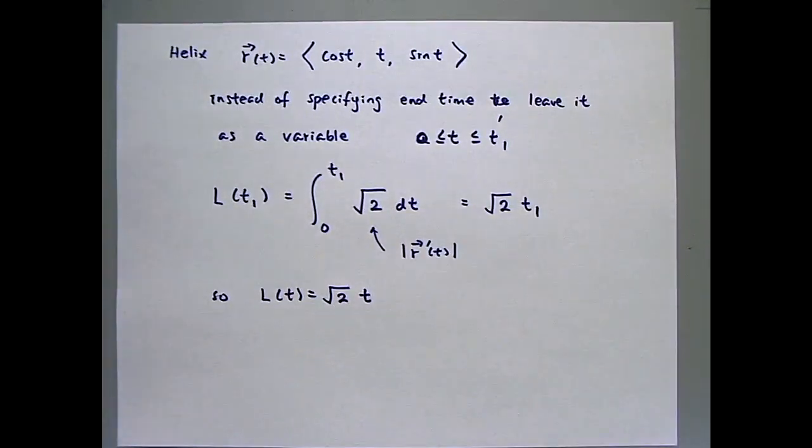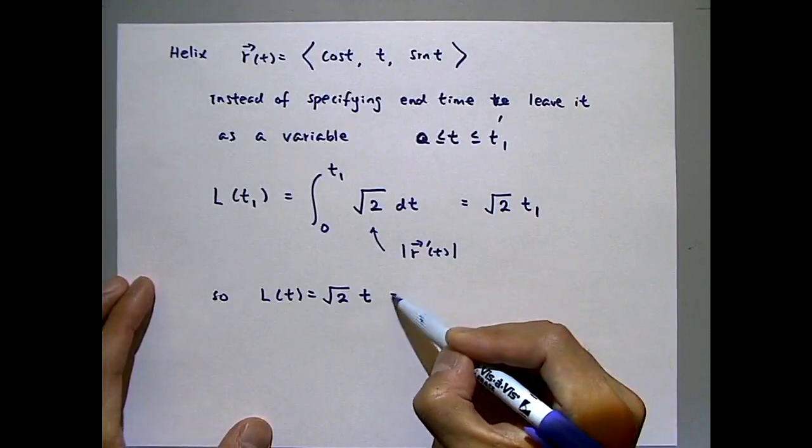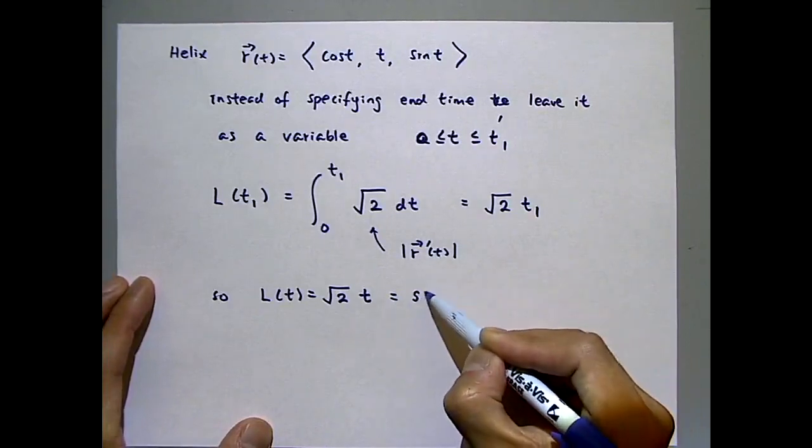So here, let's drop that subscript 1. We're talking about a dummy variable. We can name it whatever we want. Let's leave it simply as t. And this right here, let's call this thing little s of t.